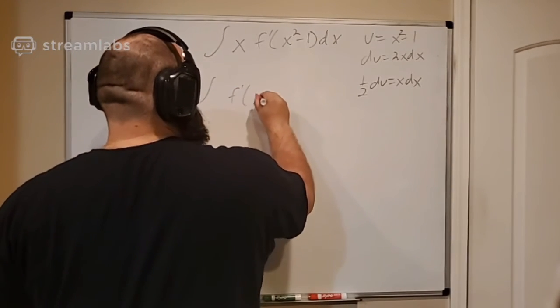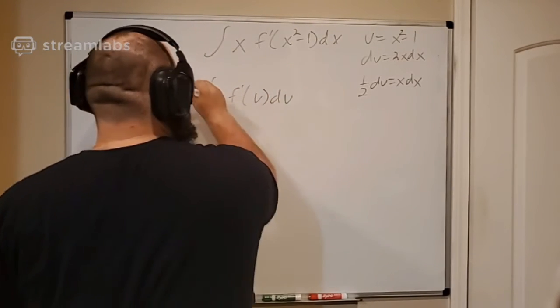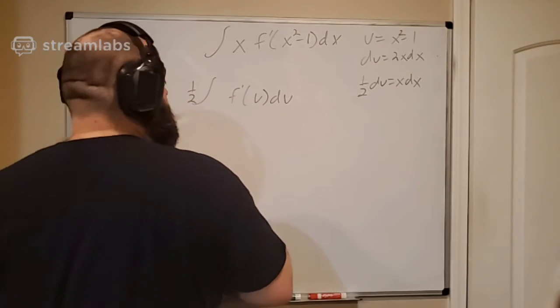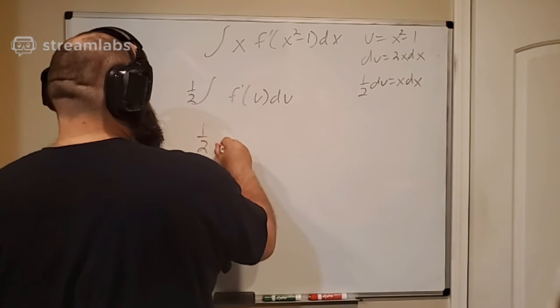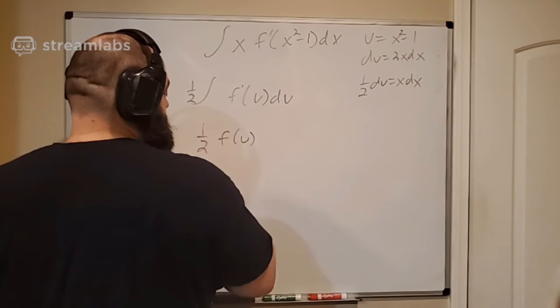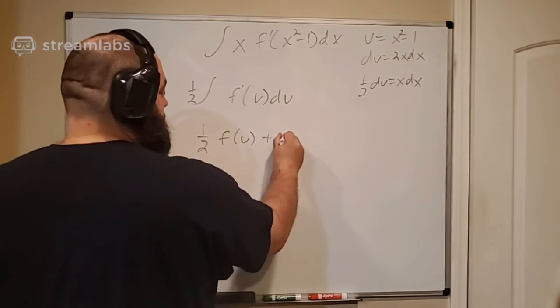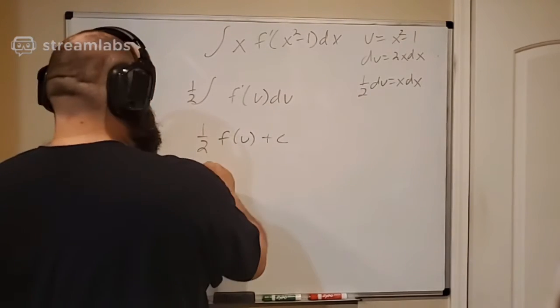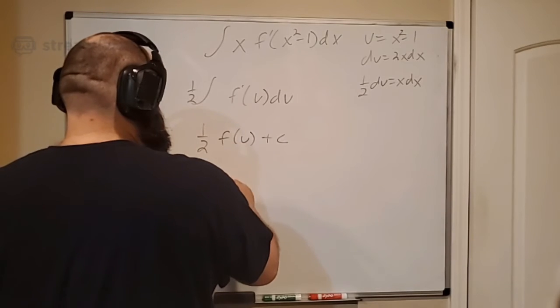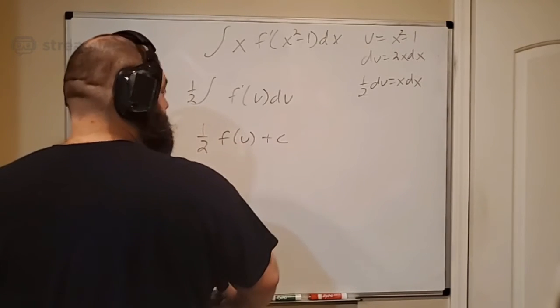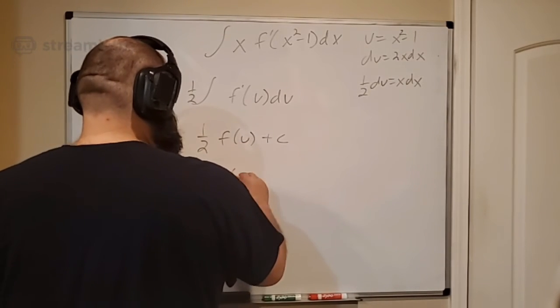So it's just 1/2 f of u, and then plus c, bring back your x squared plus or minus 1 into it. And they probably want you to use the function you found above.